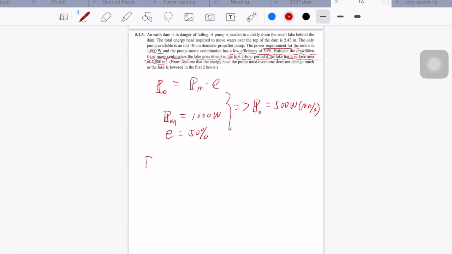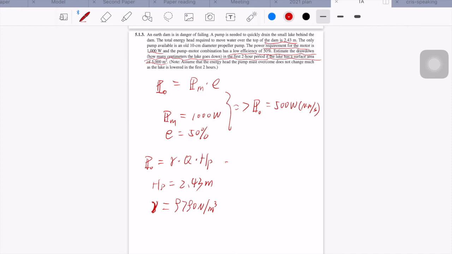We also know P sub 0 equals gamma times Q times HP. From the problem, we know HP, the total energy head, equals 2.43 meters. At 20 degrees Celsius, the specific weight of water, gamma, equals 9,790 newtons per cubic meter.